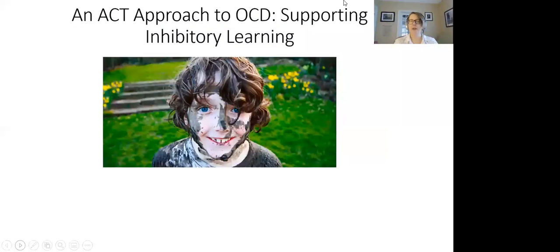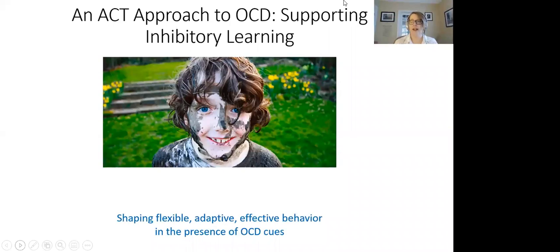So as we discussed a little earlier, we really want to incorporate acceptance and commitment therapy principles into ERP to support inhibitory learning. And when we talk about exposures from this perspective, we de-emphasize our focus on habituation, although it's lovely when that happens, right?